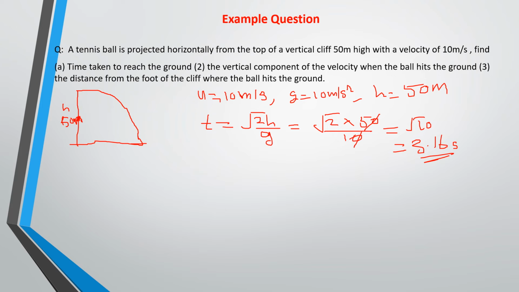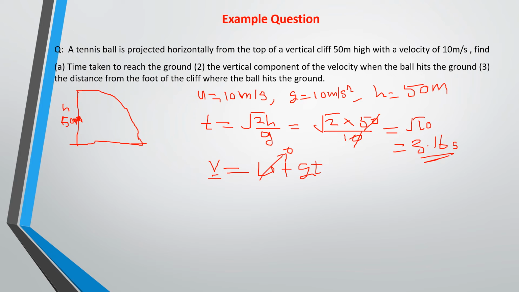When the ball hits the ground, we know that from this height, the initial velocity is equal to 0. So the vertical component of the velocity when it hits the ground, v, is equal to u plus gt. This is equal to 0 initial velocity.